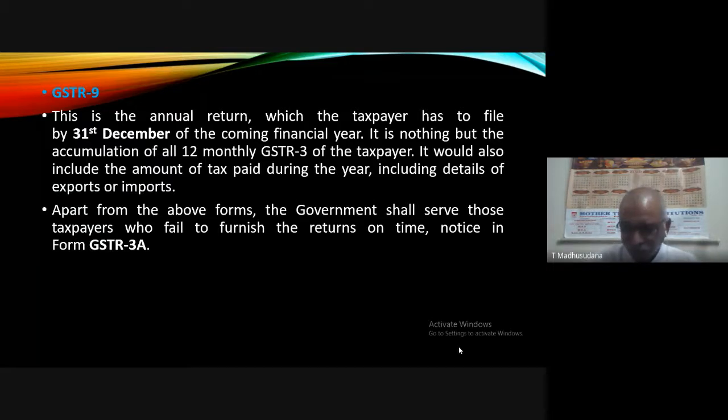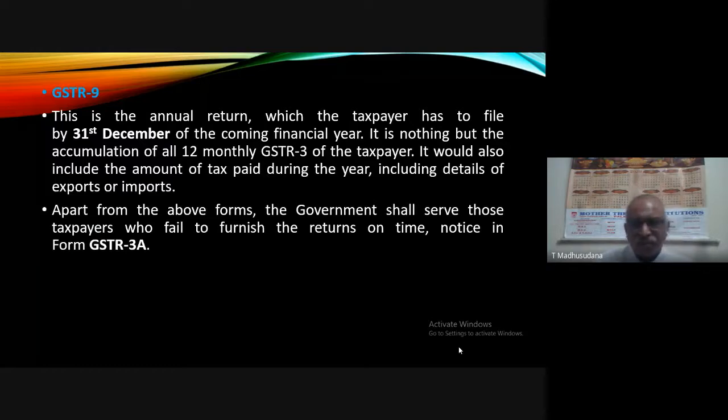Apart from the above, 1A, 1, 2A, 2, 3, and GSTR 9, if anybody has not submitted the returns to the government, then the government will issue notice to the concerned person in the form GSTR 3A.